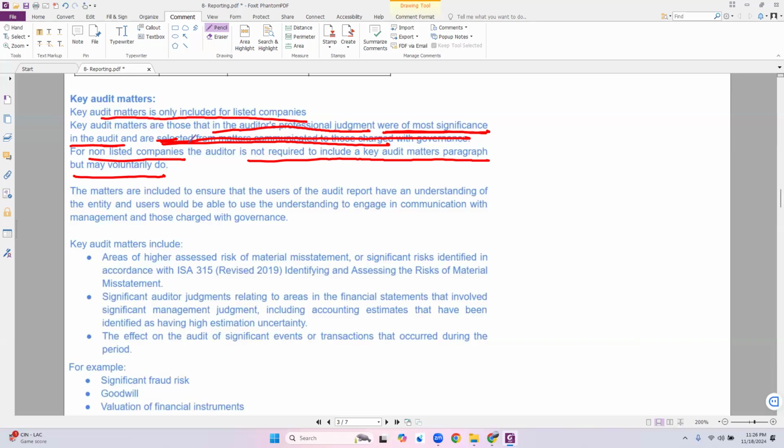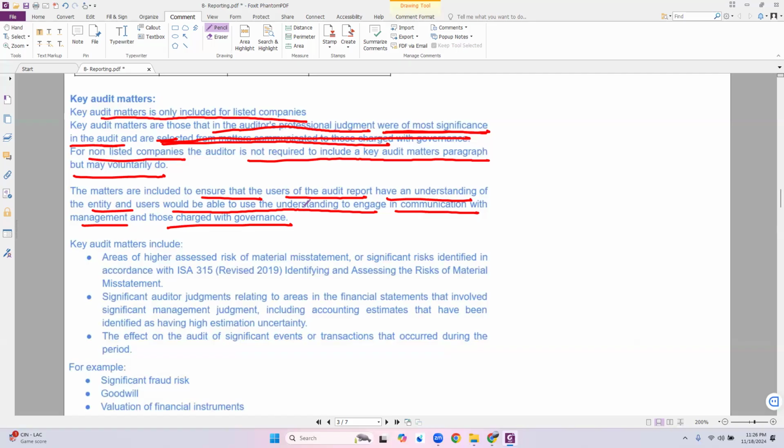Okay. Great. The next thing: the matters are included to ensure that the users of the auditor's report have an understanding of the entity, and users would be able to use that understanding to engage in communication with management and those charged with governance. So any area that you are including within the key audit matters paragraph, the CAM section, obviously those areas would be of more concern to the users of the financial statements.